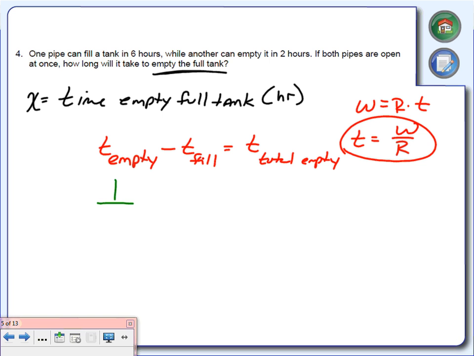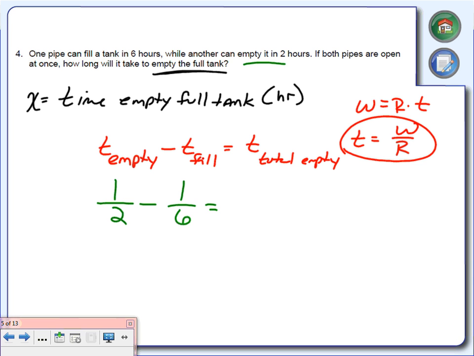How long does it take to empty out the tank? There it is, 2 hours. That's the rate. We're going to subtract from that the time it takes to fill up the tank. So the work here is that one tank. The rate, what did it say about filling the tank? Doing it in 6 hours.